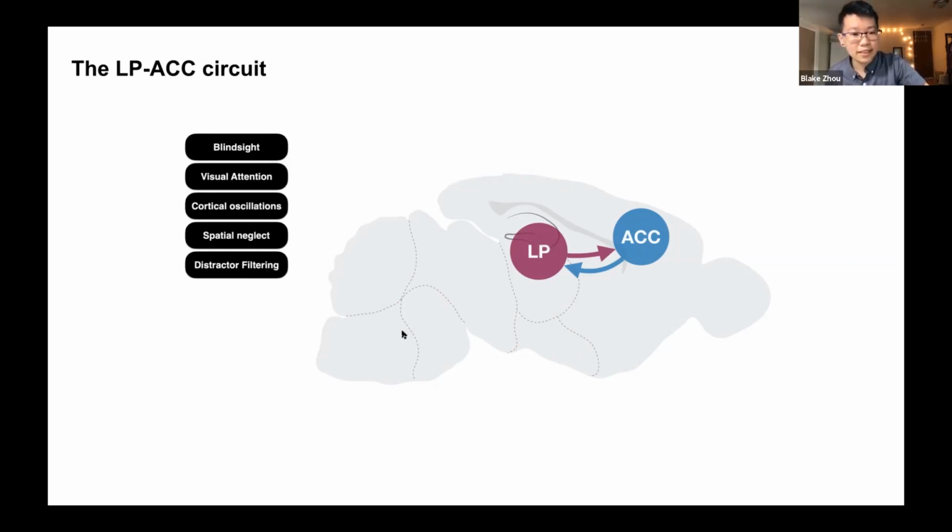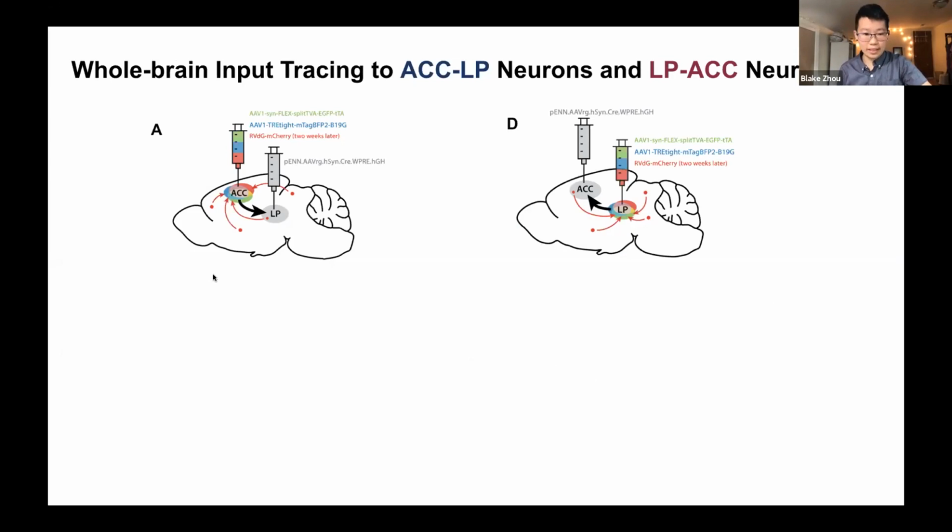To characterize the circuit, we used disynaptic rabies tracing to selectively target inputs to either the ACC to LP projection or the LP to ACC projection. And Lena did a really great description of the concept of the rabies virus with the deleted glycoprotein.